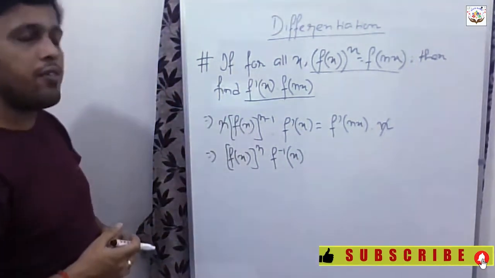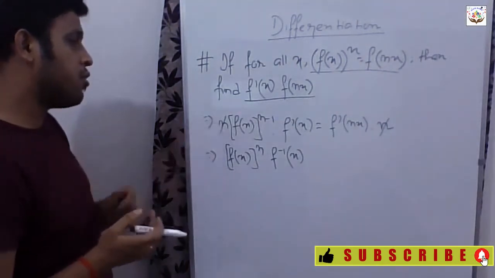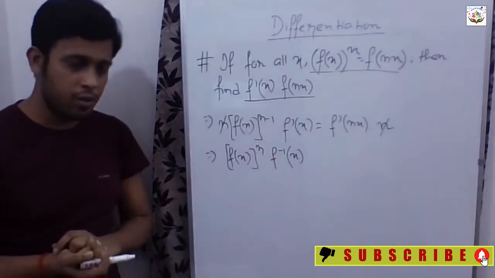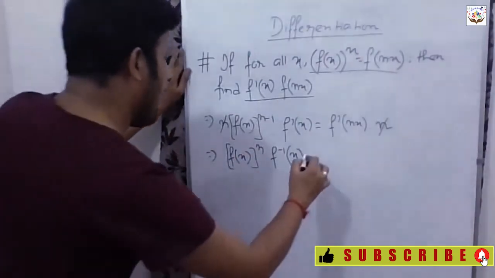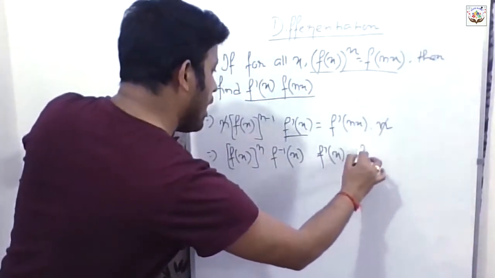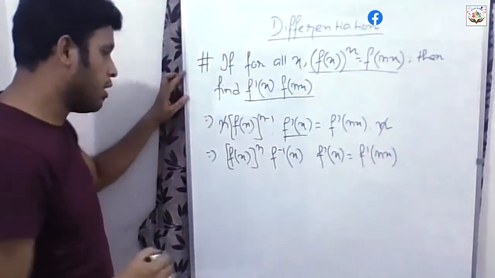Just check what I have written. From here, I have written (f(x))^n into f inverse of x. And the normal f'(x) we are writing, and in this part we have f'(nx), right?